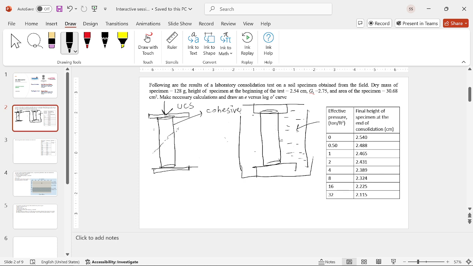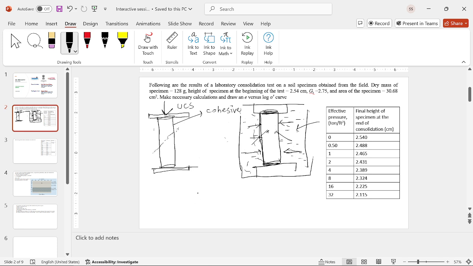What this water does is that it provides uniform pressure on all sides of this cylindrical sample. But this sample is enclosed in a membrane, a rubber membrane usually, due to which it is free to move. So these two ends are fixed and these are movable.